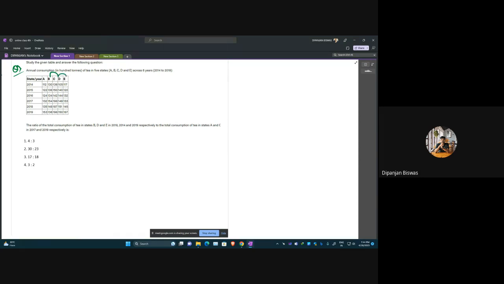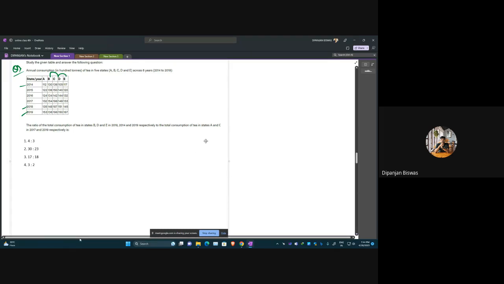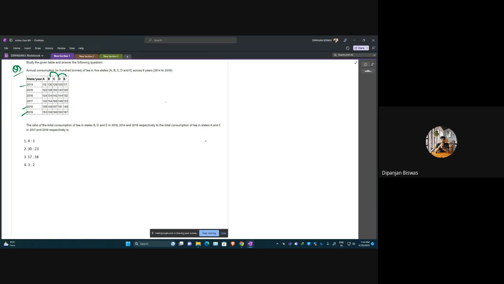In 2018, 14, and 19, respectively, to the total consumption of tea in states A and C in 2017 and 2019, respectively. B, D, and E total consumption of tea, state A and C in 2017 and 19.